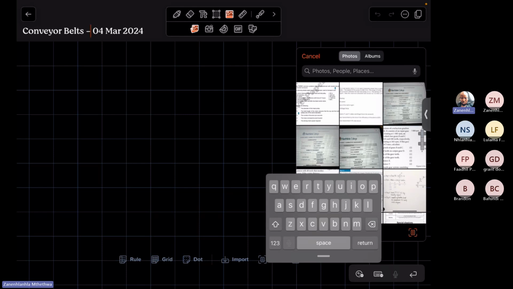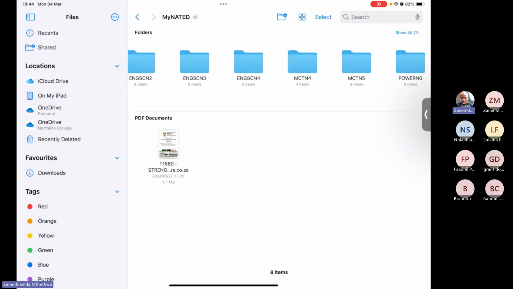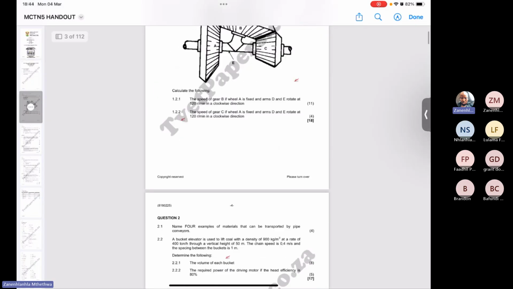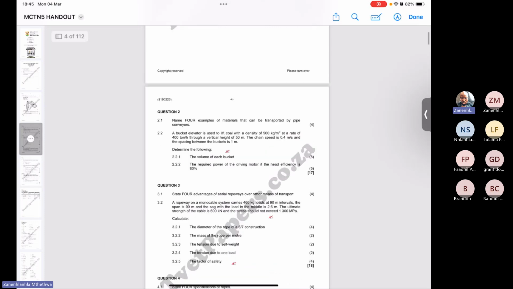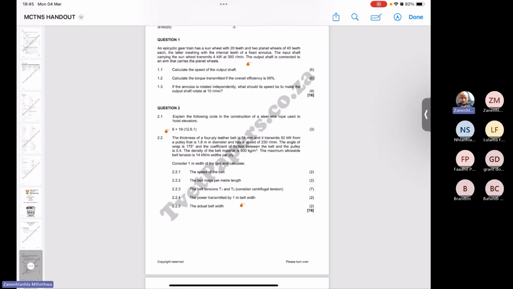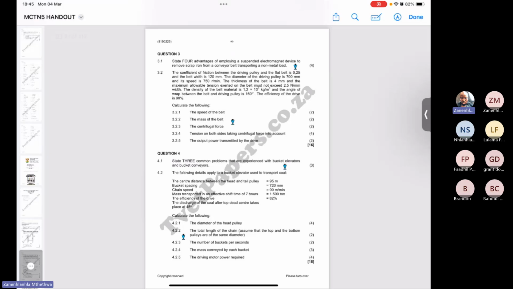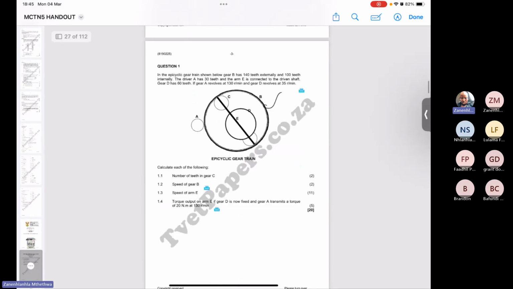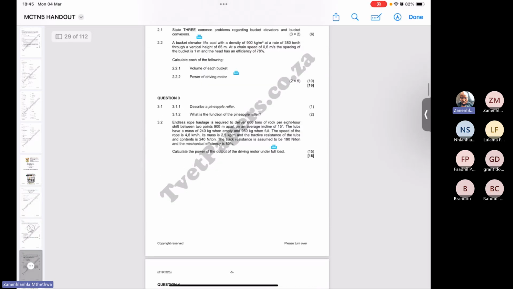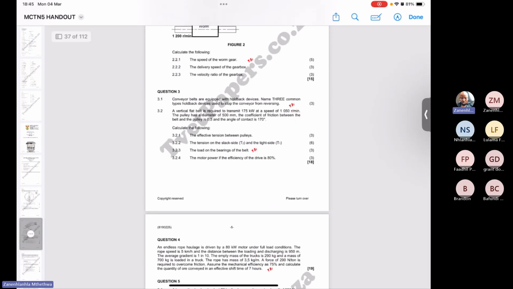No. Okay, so let me quickly look for a problem on conveyor belts. Nope. Flat belt.